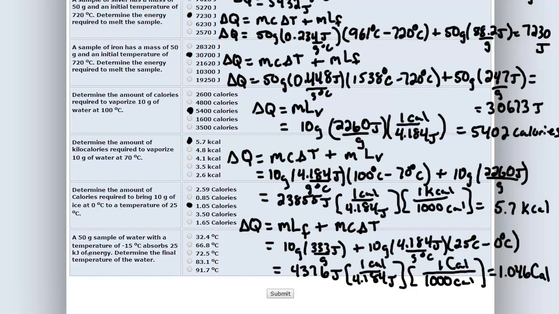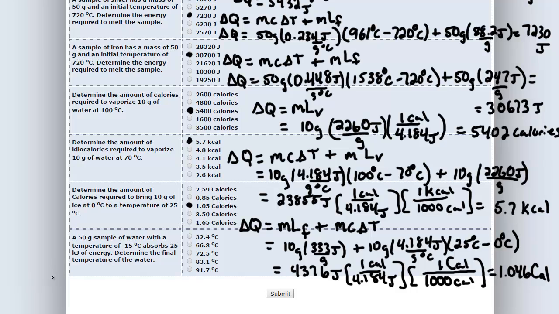A 50-gram sample of water with a temperature of negative 15 degrees Celsius absorbs 25 kilojoules of energy. Determine the final temperature of the water. All right, it's at negative 15 degrees Celsius, and it absorbs 25 kilojoules of energy. So what we're going to do is add energy to get the ice up to its melting point.